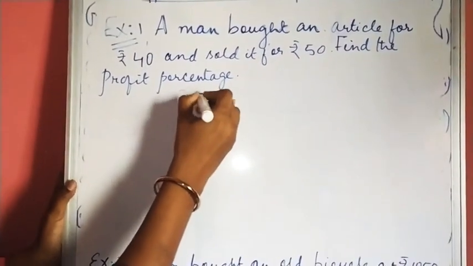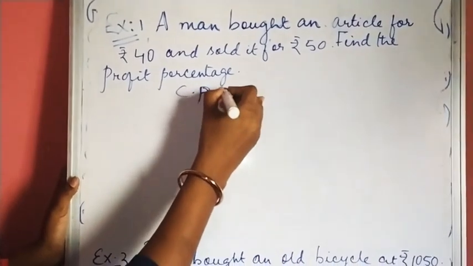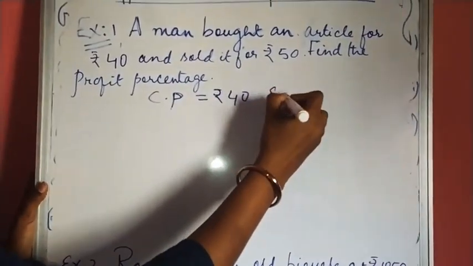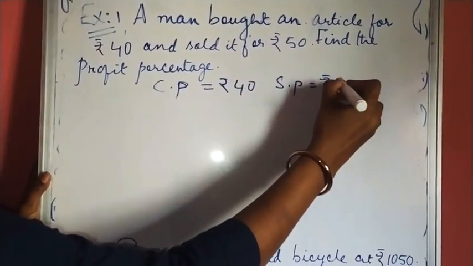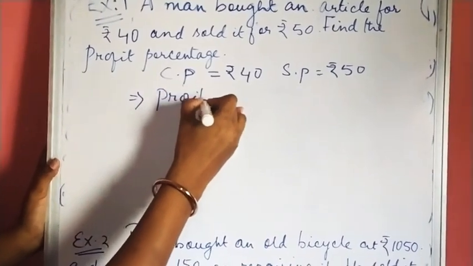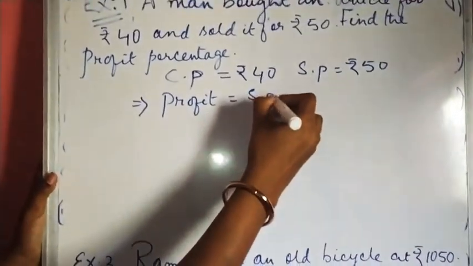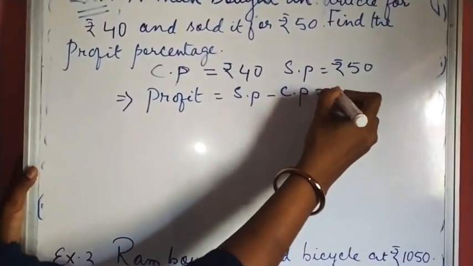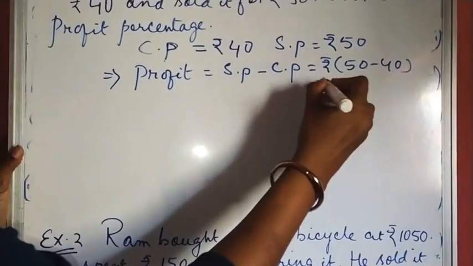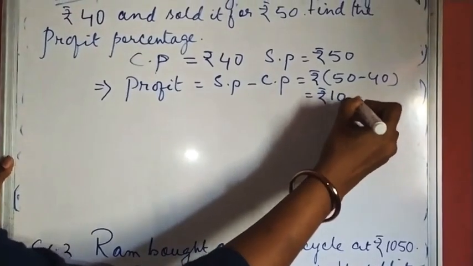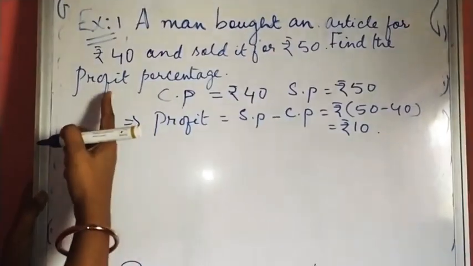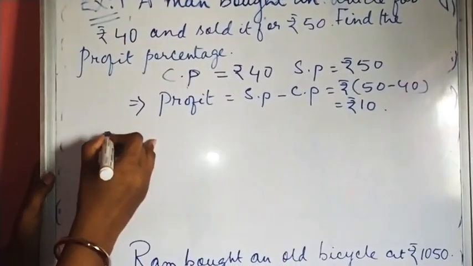Here, the cost price is equal to rupees 40 and the selling price is equal to rupees 50. Therefore, your profit is SP minus CP, which is rupees 50 minus 40. This is rupees 10. So your profit is how much? Rupees 10.